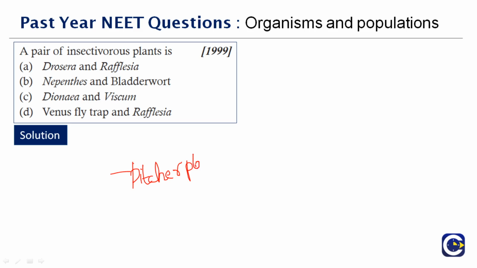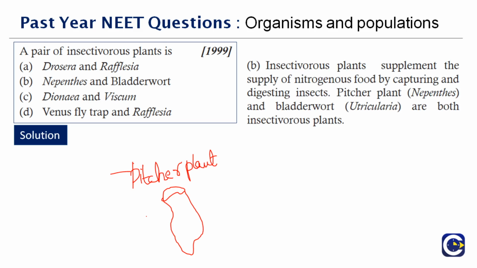It will be in the form of a pot, some jug-like appearance, and very attractive because of the color and everything. So the right pair is option B. Nepenthes and bladderwort, also called Utricularia, are both insectivorous plants, and these plants are heterotrophic in nature.